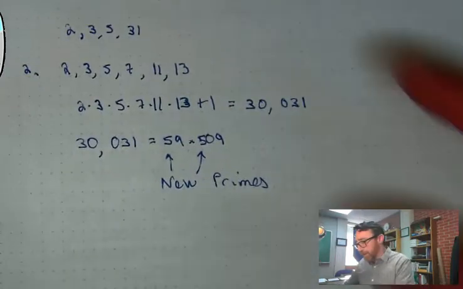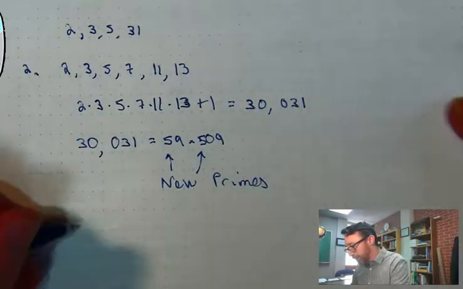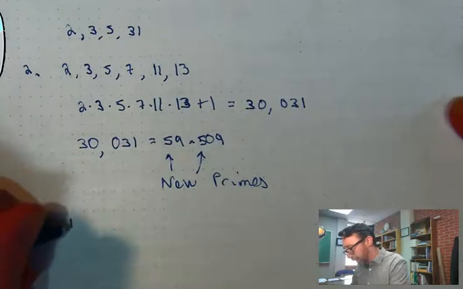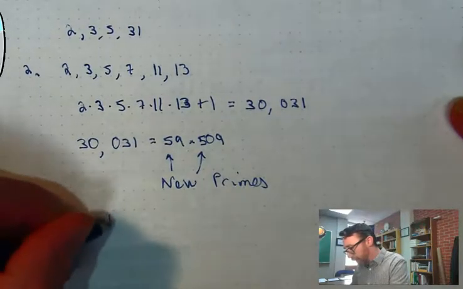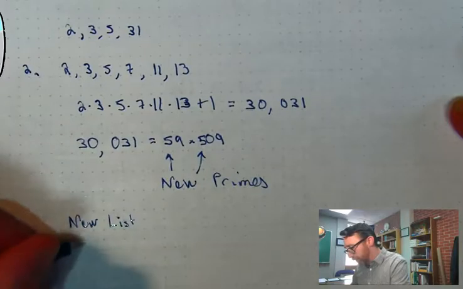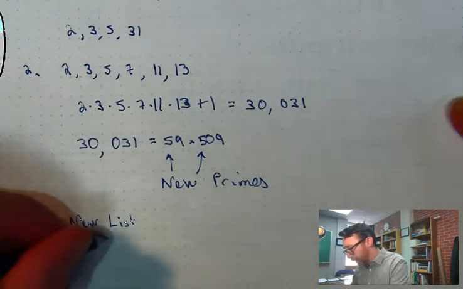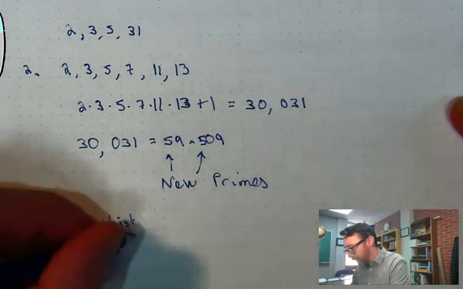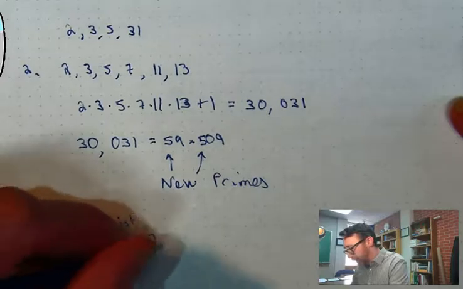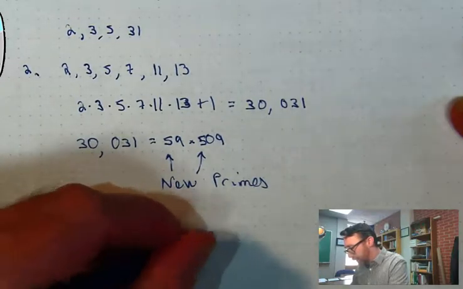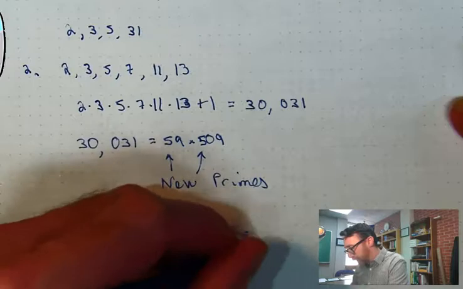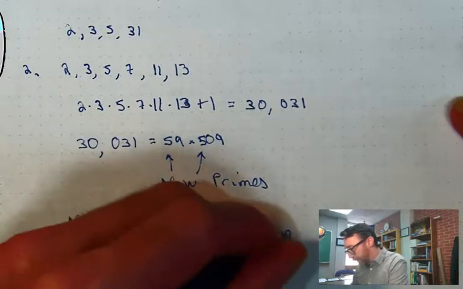So starting with this list, we can apply Euclid's procedure and create a new list from our result. So our list of primes now is 2, 3, 5, 7, 11, 13, 59, and 509.